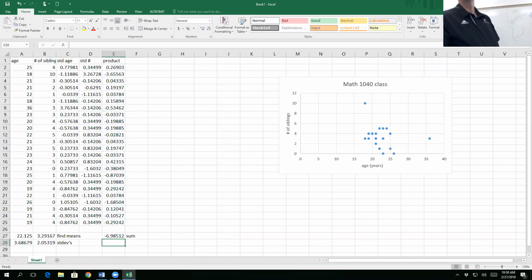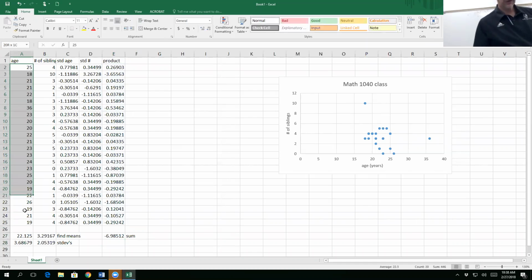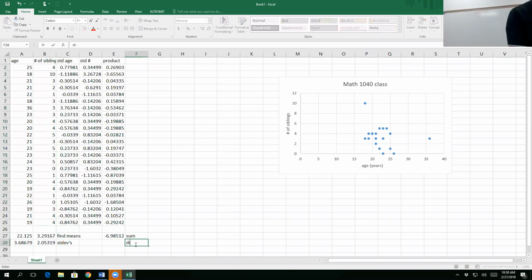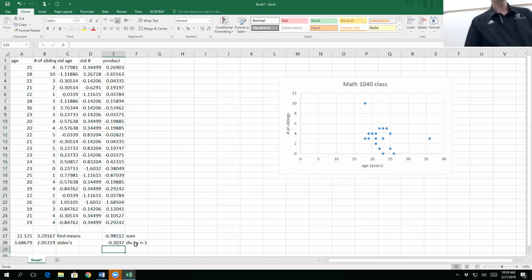Okay? And is that okay? So my n is, if I highlight this, I've got 24, so I'm going to divide by n minus 1, which is 23, divided by 23. And so that gives us negative 0.303.